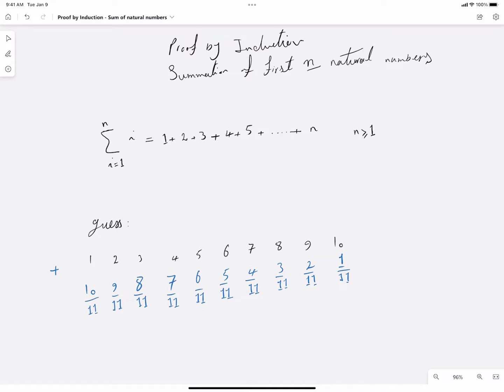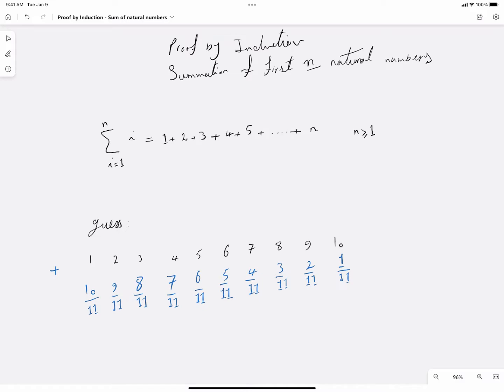Here you see the sigma notation, from i equal to 1 up to n of i, which we can write as 1 plus 2 plus 3 up to n, and here n is a number greater than or equal to 1, starting from the number 1, the very first natural number. So we're going to see how we can prove this.